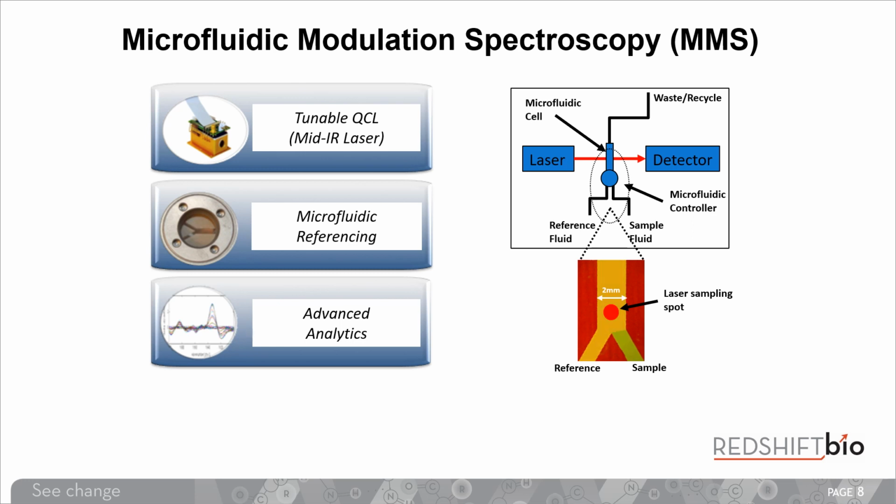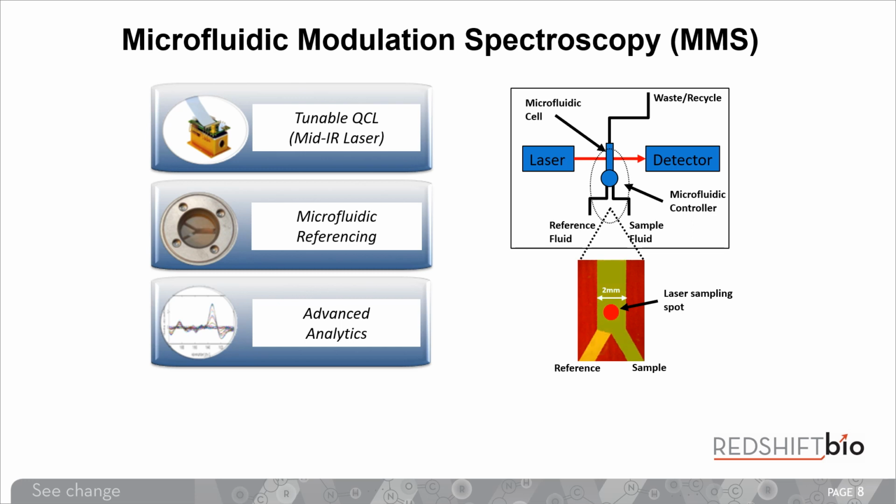And what you're looking at is absorbance spectroscopy. So we have a laser as our source, we have a lot of light, and so we can now use a TEC MCT detector for measurement. In between is our microfluidic cell. And what you'll notice about this cell is it has two inputs, a channel on the left for our reference fluid and a channel on the right for our sample fluid. Much of this explanation is actually contained on our website, so I encourage you to see it.